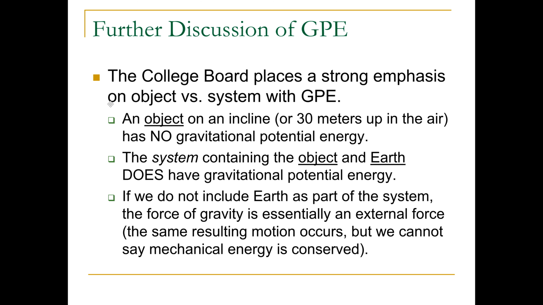Typically it's easier to use conservation of energy to say our gravitational potential is just turning into kinetic. But if you don't include the Earth, then you have to treat it as an external force doing work on the system. You still get the exact same resulting kinetic energy, but it's just harder.